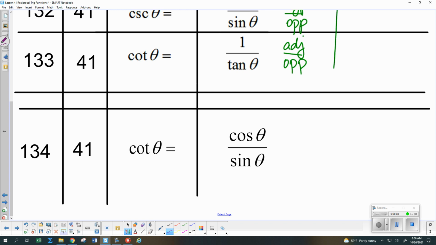So if cotangent is the reciprocal, it is also turn the tangent upside down, turn sine over cosine upside down, and you have cosine over sine. So that means if we are at the top of the unit circle where the tangent is undefined, we would think about that as cosine over sine, which would be 0 over 1, which makes perfect sense.